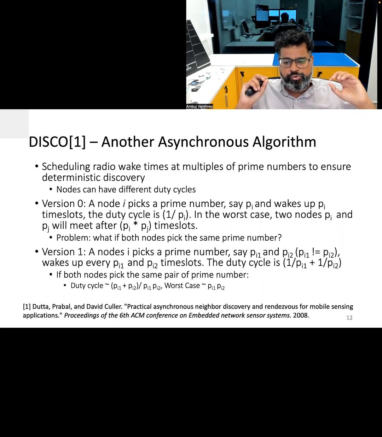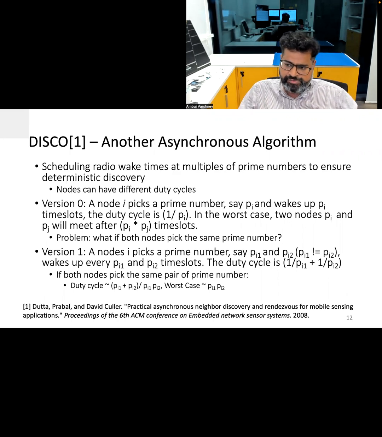As an example, if a node i picks a prime number pi and wakes up every pi time slots, and another node j picks a prime number pj and wakes up every pj time slots, we can calculate the worst case time when they select the same time slot, which is pi times pj. This controls the time at which the neighbor discovery process would lead to these two nodes discovering each other.